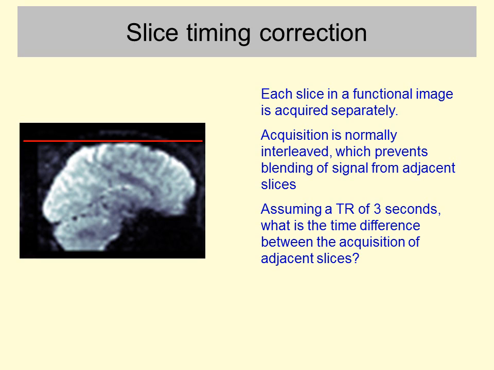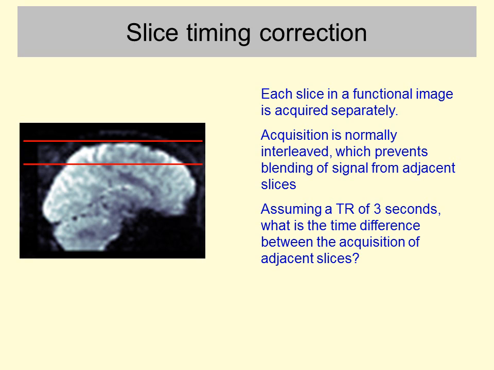Now, people normally interleave the acquisition of their slices. So after acquiring this slice at the top of the brain, the next slice which is acquired is not the one which is going to be next to it in the final image, it's one further down.